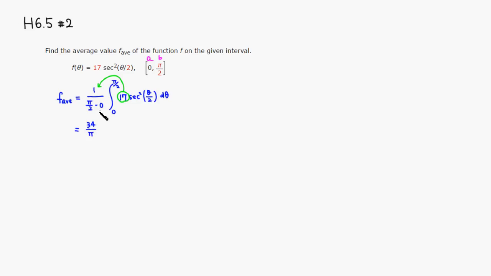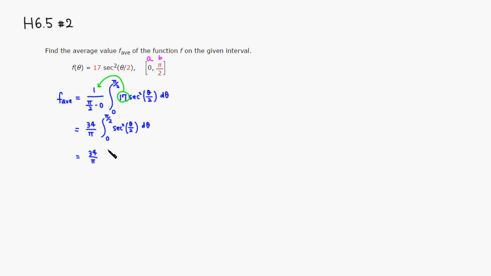Then you have an integral from 0 to pi over 2 of secant squared theta over 2 with respect to theta.